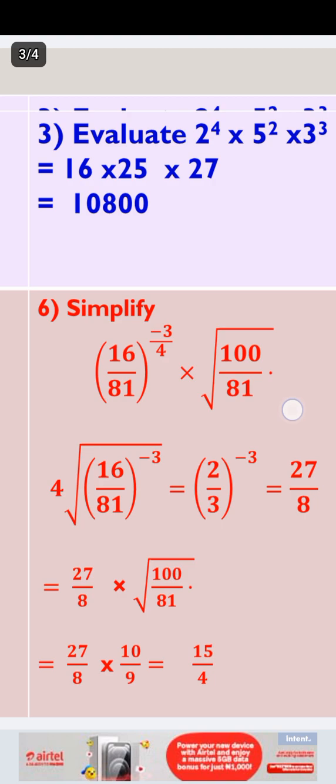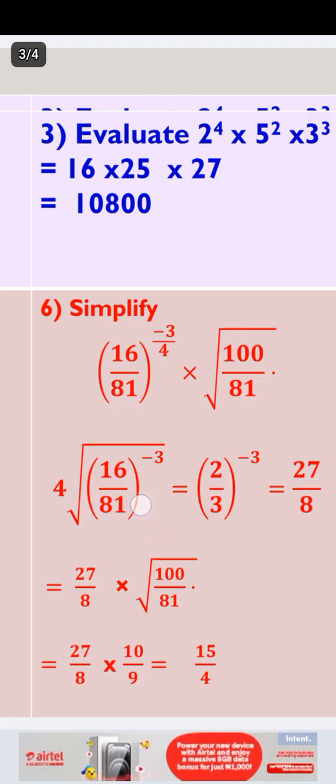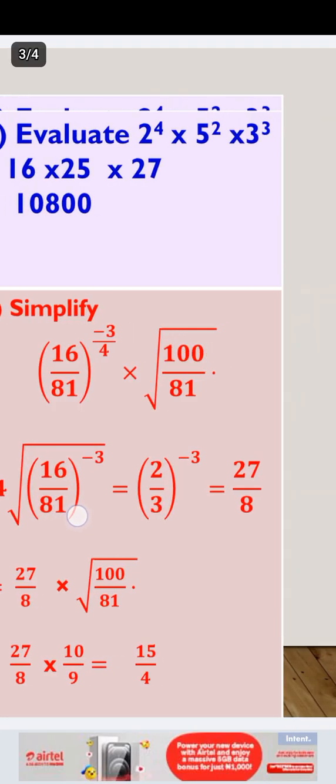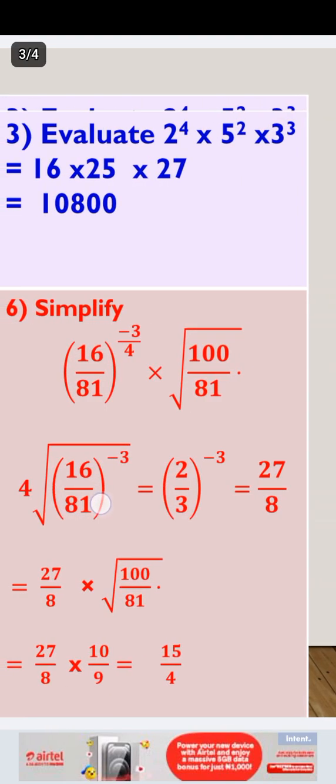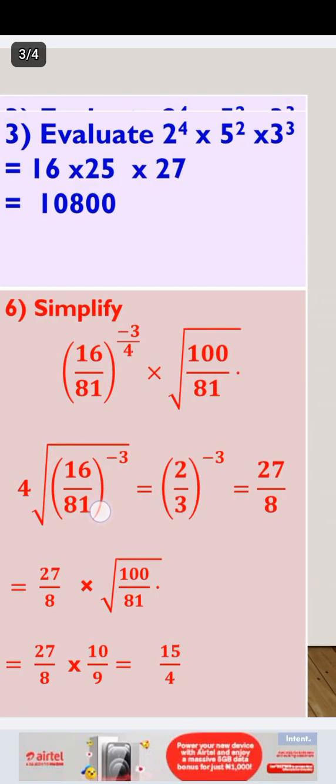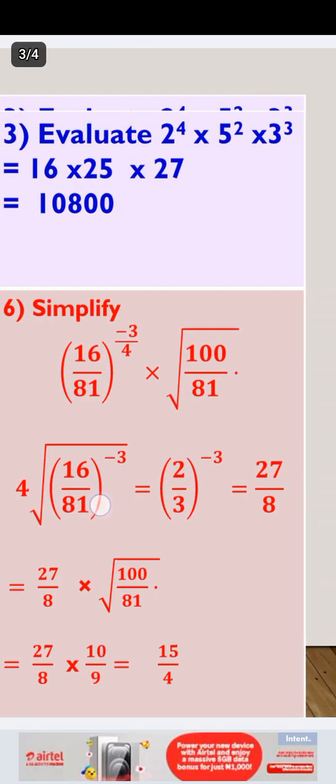So automatically it becomes the fourth root of 16 over 81, open bracket and close, raised to power 3. Yeah, that is it here. The fourth root of 16 over 81, open bracket close, raised to power what?